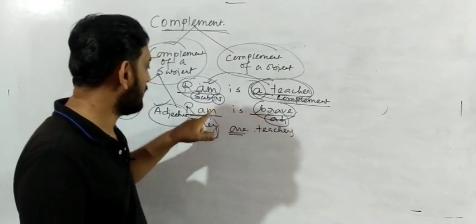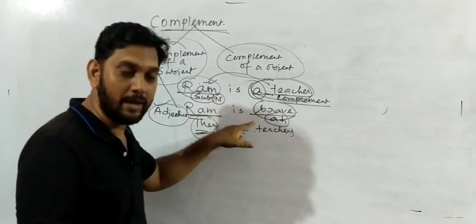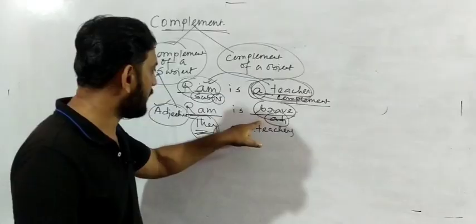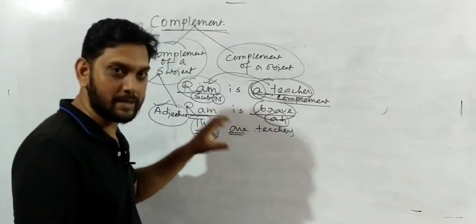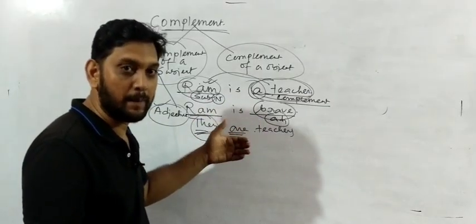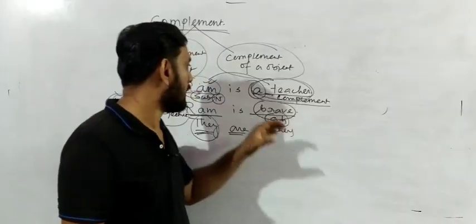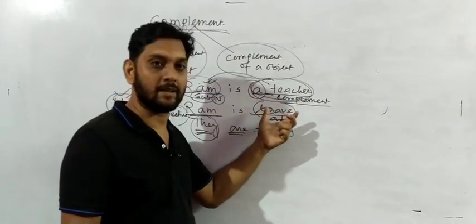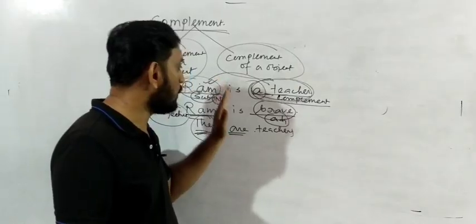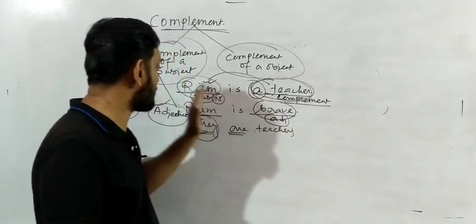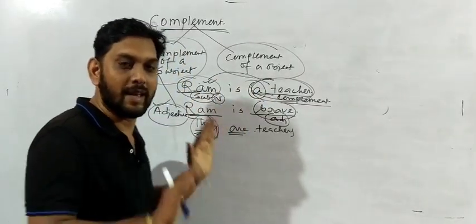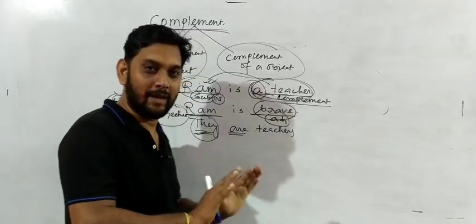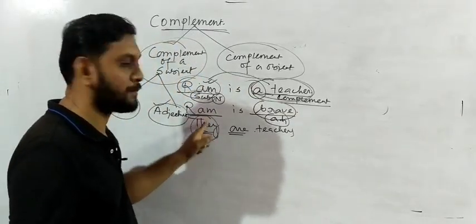Here brave is an adjective. It talks about the state of the subject. How is Ram? Ram is brave. And here also, who is Ram? Ram is a teacher. Here no action has been performed by the subject. Does any action get performed by the subject over here?